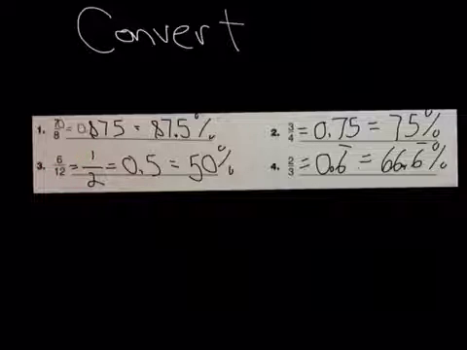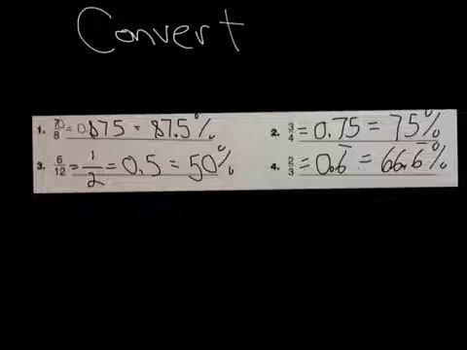You get a half, which is 0.5, which is also 50%. And 2/3 is 0.6 bar notation, because 6's continue to repeat themselves, equals 66.6 bar notation percent. Remember, for me to go from here to here, I must divide the numerator by the denominator. Okay, let's move on to number 2.